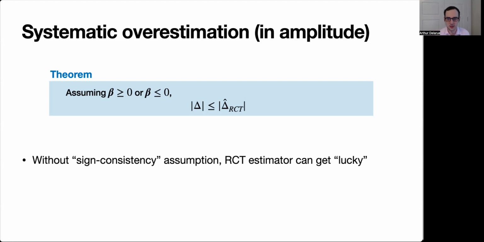You might think, wow, this seems like a pretty strong assumption, but actually you really need it, because if you have some arrival rates that are increasing and some that are decreasing, then the RCT estimator can kind of get lucky and overestimate one effect in amplitude and the other effect in amplitude, but they have opposite signs, so they kind of cancel. And obviously, that's not a really satisfying outcome. We don't want our estimator to be unbiased just out of luck, but it can happen.